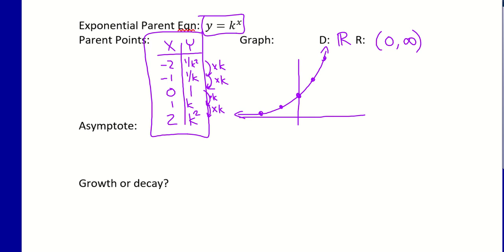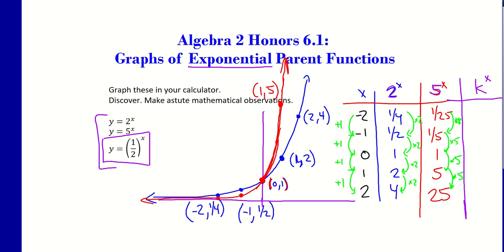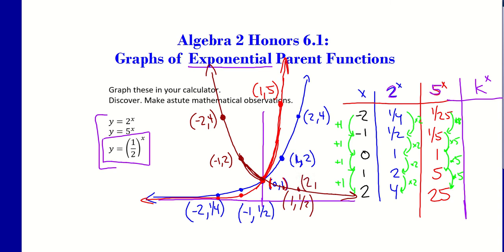However, if we go back to the page that we were looking at before and we look at the 1/2 to the x, you'll see that that function, if you graph that in your graphing calculator, doesn't have quite the same shape. If we graph 1/2 to the x equals y, we can see that it goes through 0, 1 like the others. However, it goes through the point -1, 2, and -2, 4, and 1, 1/2, and 2, 1/4.